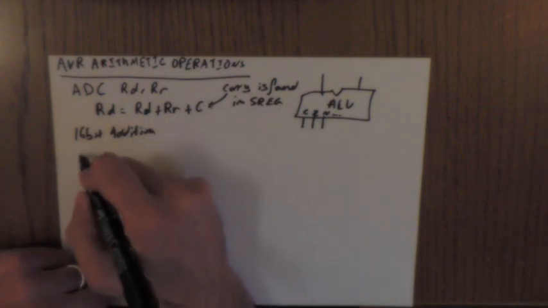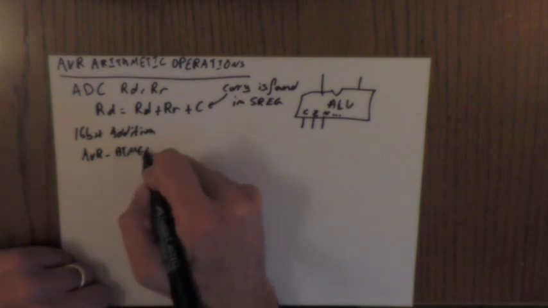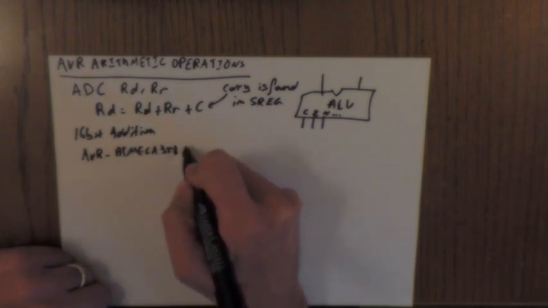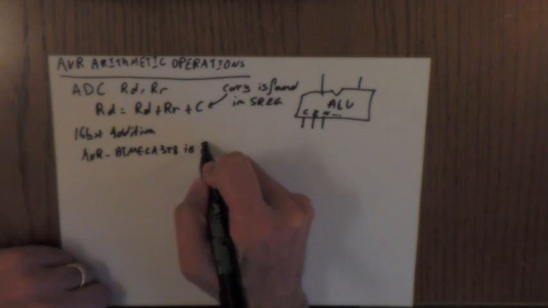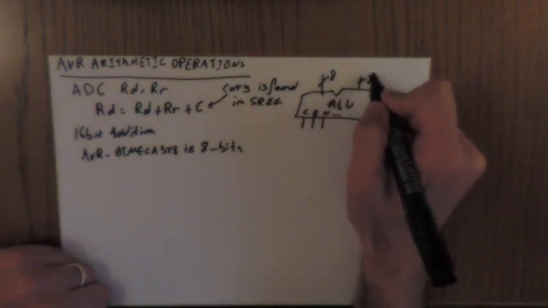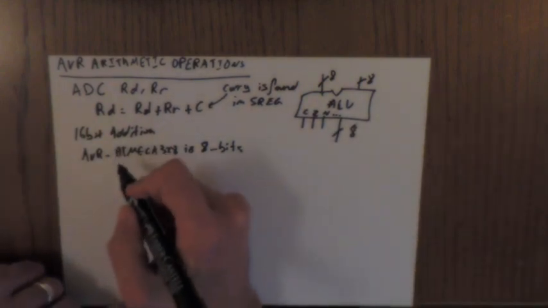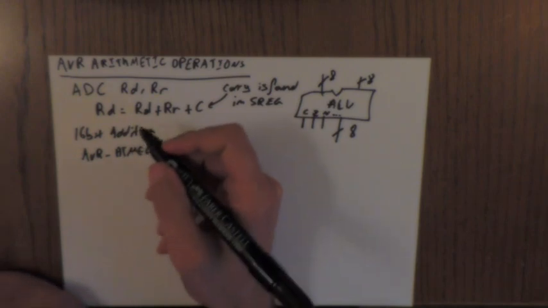You know, the AVR ATmega328 is 8 bits. This means the ALU can add 8 bits and the result is 8 bits. What if you want to add two 16-bit numbers?